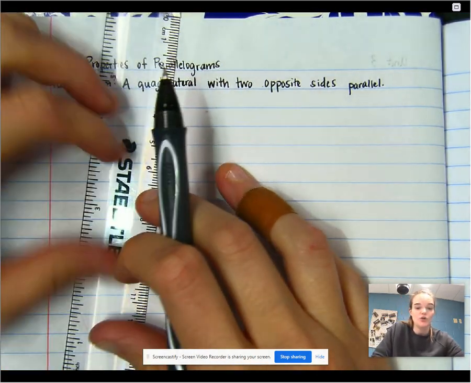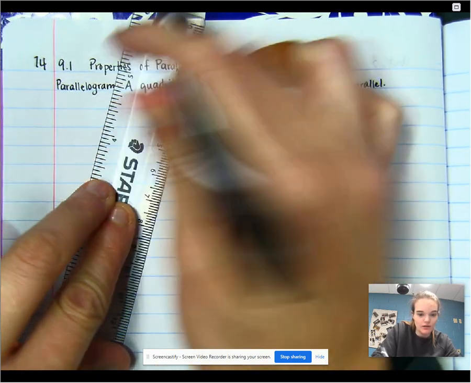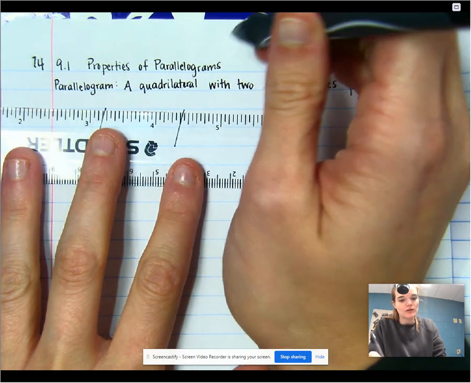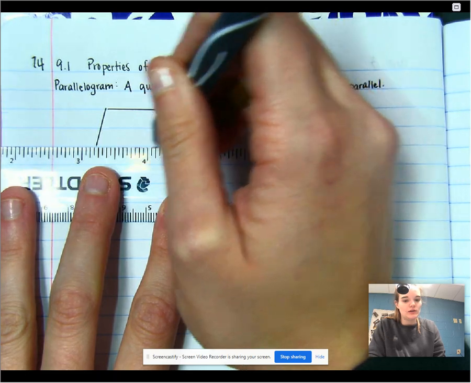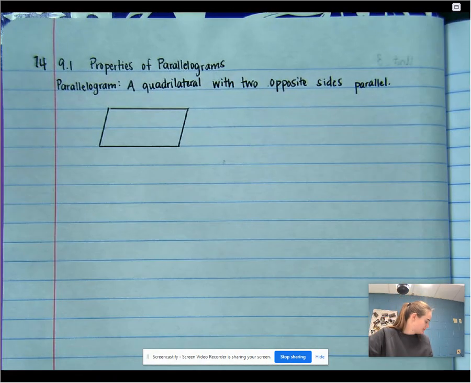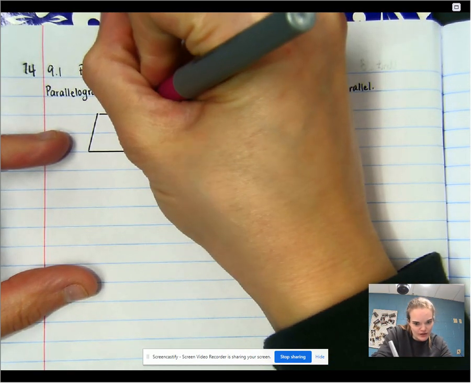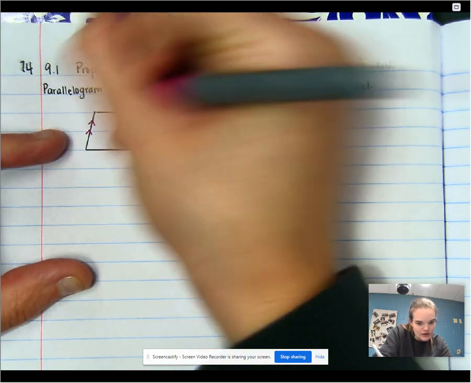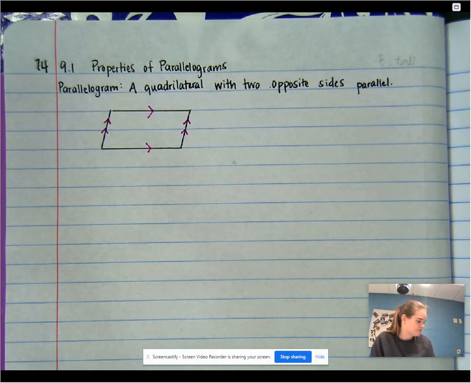Okay. Something that I know, by the way, is that a ruler is parallel already. So when I draw this, I know it's a parallelogram. And I'm just going to connect. The lines on your paper is also parallel, so it's a parallelogram. You will often see the marks to show it is a parallelogram, and those marks look like this. If you remember, parallel is an arrow. So these are parallel, and so are these. That is the marks that you will see for a parallelogram, okay?